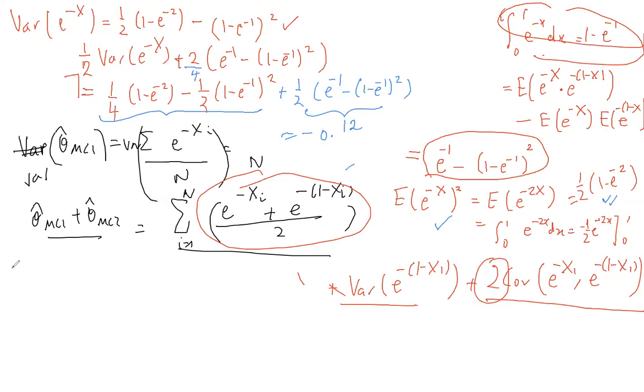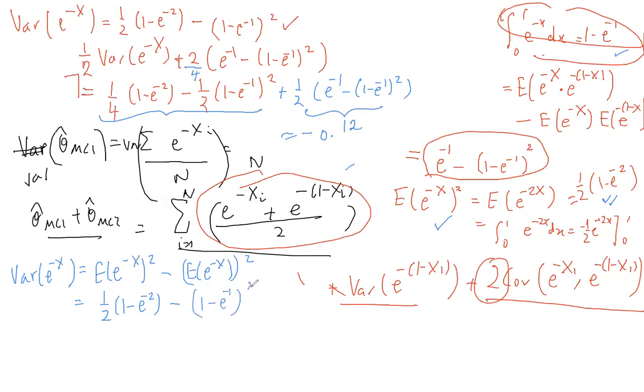And then the variance of this will be this thing minus the square, which is basically this minus this expectation is here. So 1 minus this square, right? So this is our thing here. So if you divide by 2, so that will be 1/4.